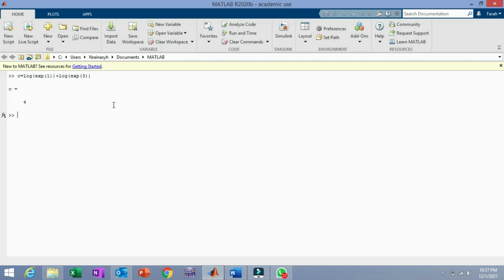Then the next question, C equals log e plus log e to the power of 3. If the question gives log, we need to use log base 10 in Matlab. So log base 10 of EXP with 1 in brackets, because there is only e, then plus log base 10 of EXP with 3 in brackets, because log e to the power of 3.